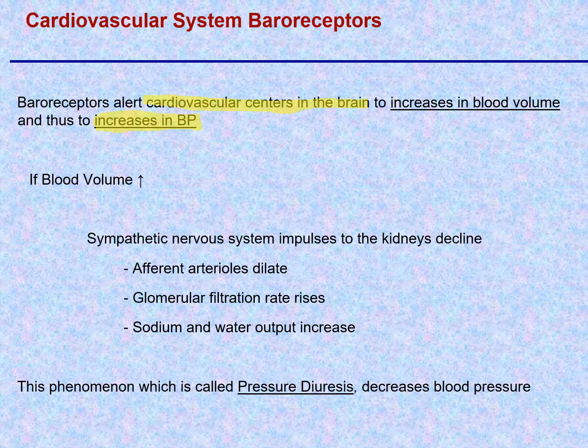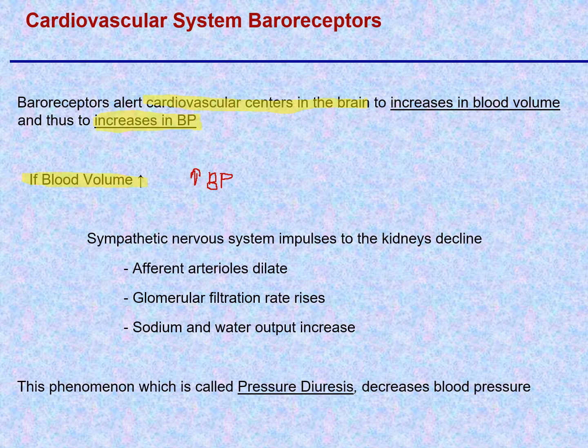So if blood volume has gone up for whatever reason, you have more water on board, that causes an increase in the blood pressure, and that's detected by the baroreceptors, which send signals into the cardiovascular centers in the brain, triggering them to send out sympathetic impulses to the kidneys.